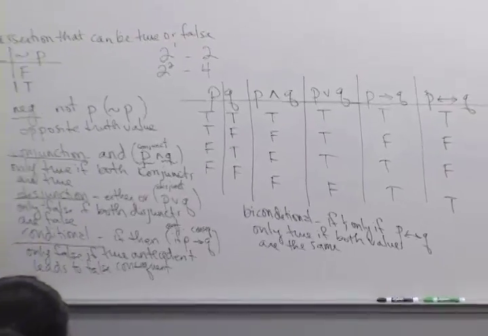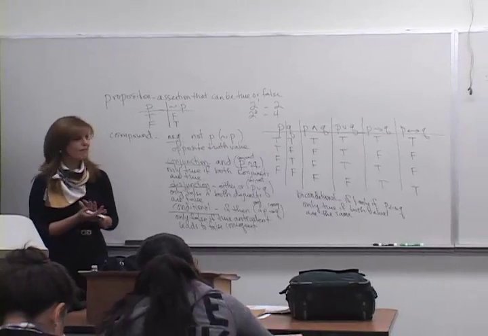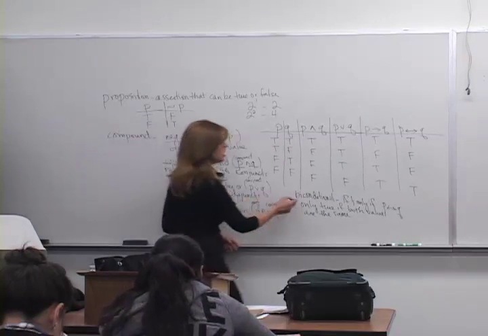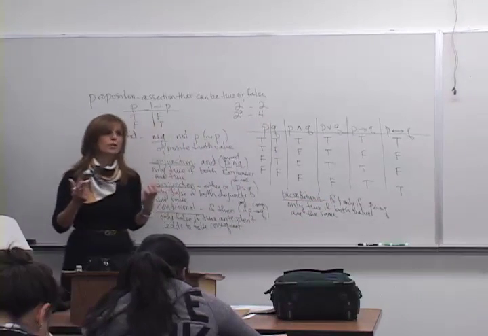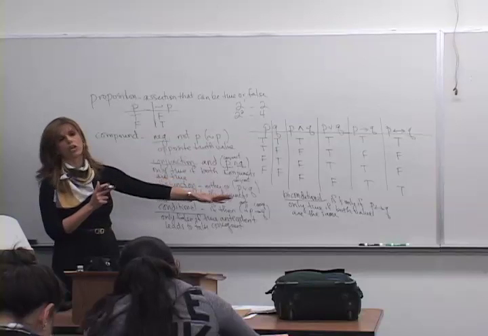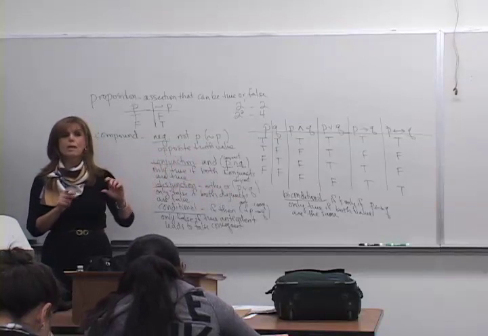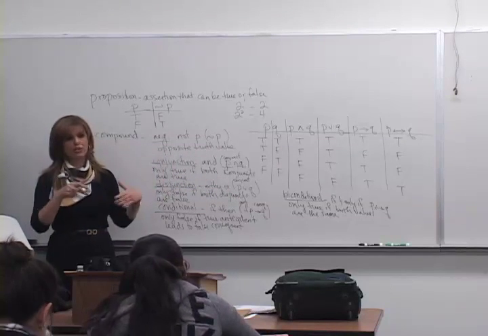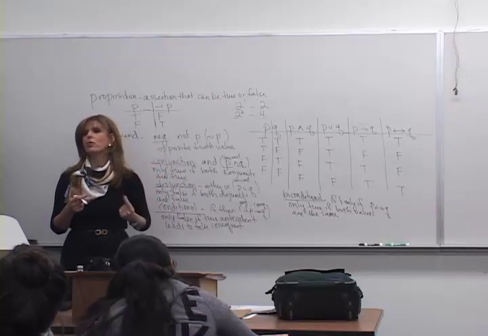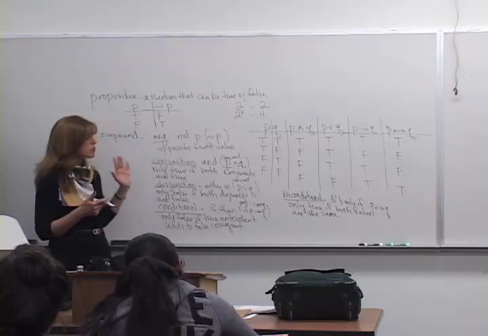Now notice, we only have 5 rules. Negation, conjunction, disjunction, conditional, and biconditional. So you have to know these rules enough so that you can not only be able to do the operations inside the truth table, but once we have them in our shortcut method, which I'll explain in a bit, you're going to be able to apply it very well, all these rules. Okay? So 5 rules.